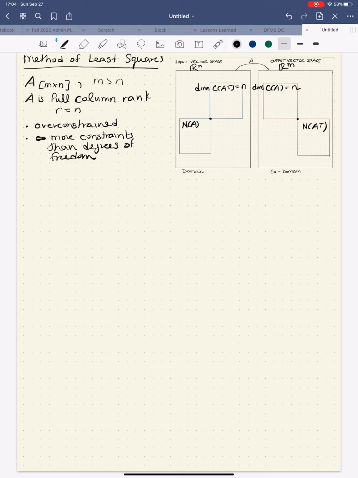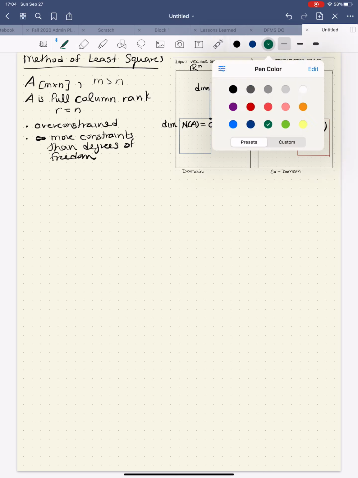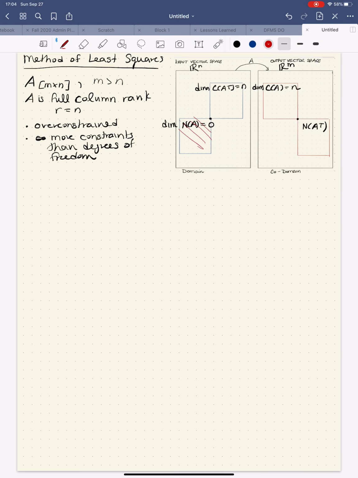Okay, so the dimension of both the column spaces is n, and the dimension of the null space of A is equal to 0. So we won't have an infinite number of solutions in this problem because we don't have any free variables. So that's not a thing anymore. And then the dimension of the null space of A transpose now will be non-zero, because if m is greater than n, m minus n is a non-zero value.